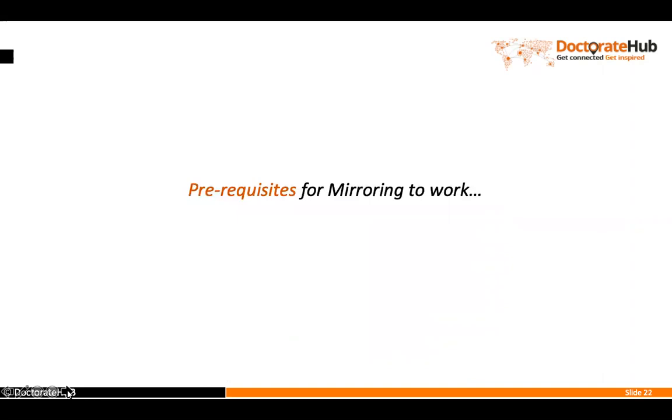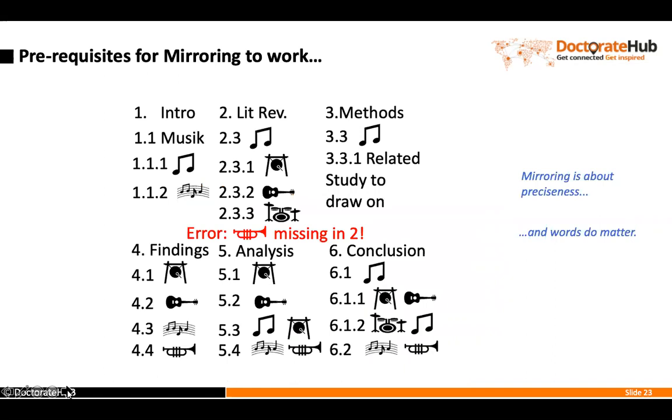All right. Then let's look into the prerequisites for mirroring to work. There are a few, and they are actually quite simple. One of the things, and I think this is generally what research is about, is that it needs preciseness, and words do matter.